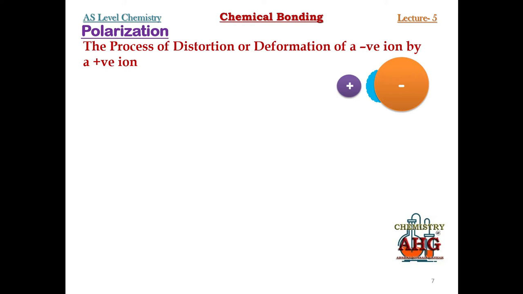Next thing you must remember, always positive ion causes polarization and negative ion undergoes polarization. So the ability of a positive ion to cause polarization is known as polarizing power, and the ability of a negative ion to be polarized, to undergo polarization, is known as polarizability.